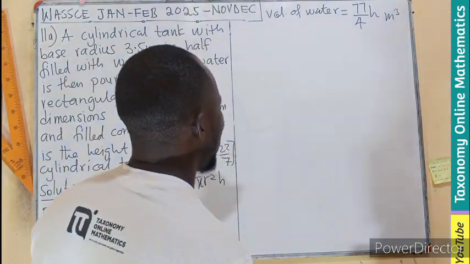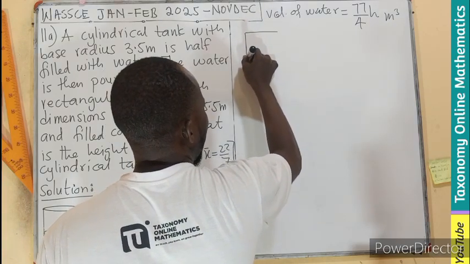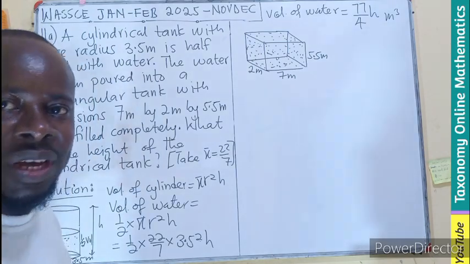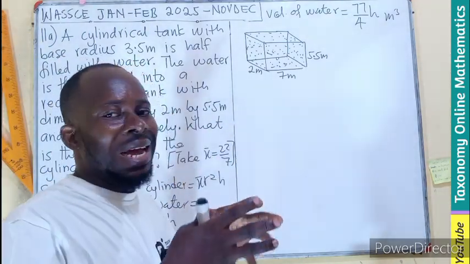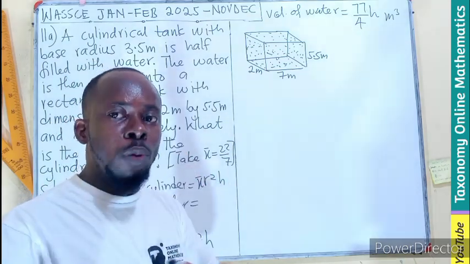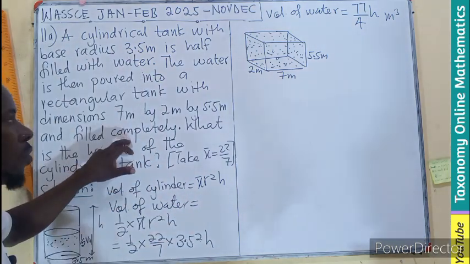So this water is also poured into a rectangular tank, right? So this is also going to be our rectangular tank with its dimensions. Remember, the capacity of this tank is the same as the volume of water, because it is completely filled.